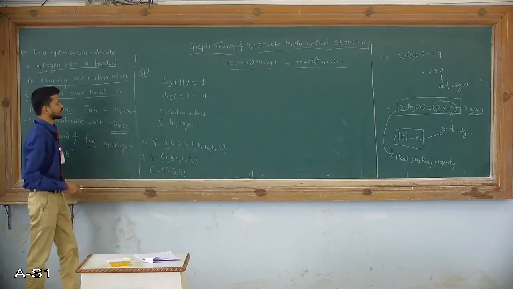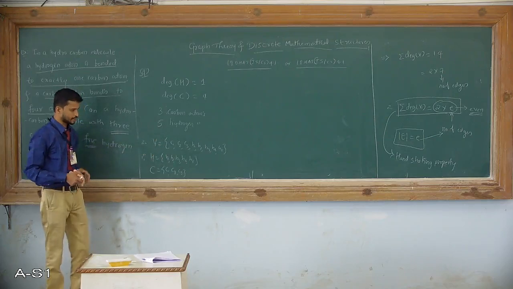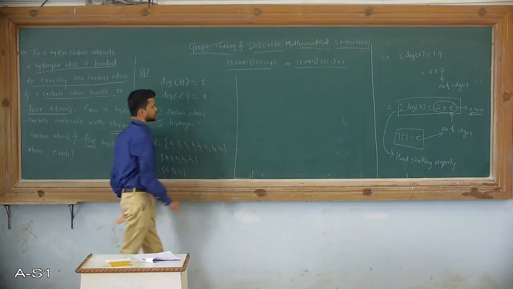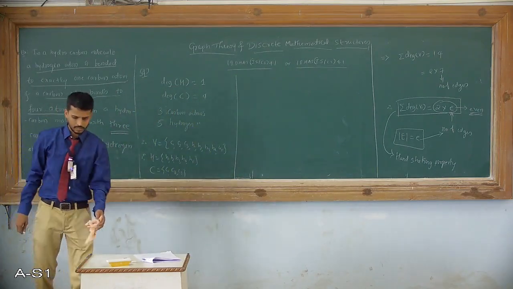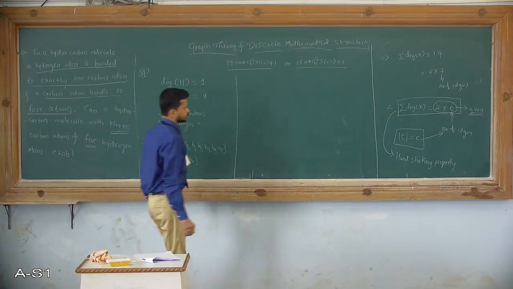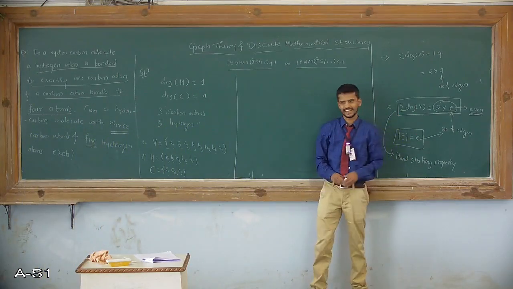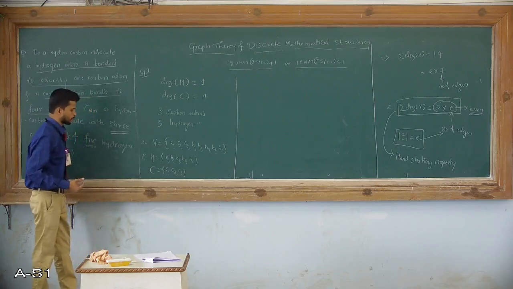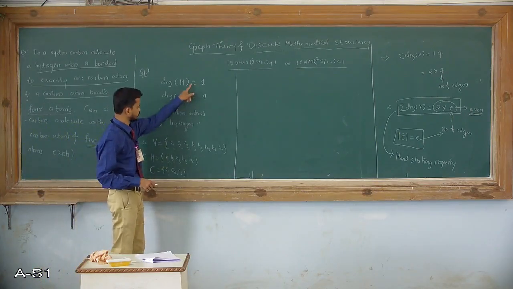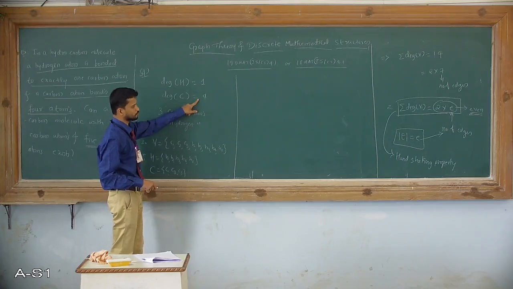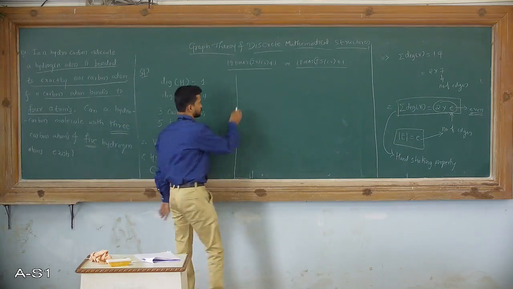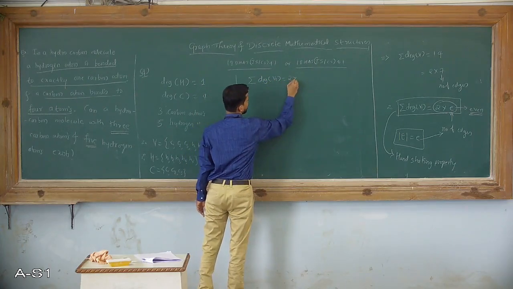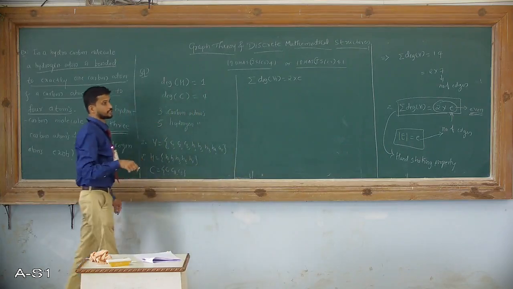The degree of each hydrogen atom is 1, and the degree of each carbon atom is 4. So if you see the handshaking property, the sum of the degrees of each vertex, here the vertex set has 2 sets of vertices, one hydrogen and the other carbon. Using the handshaking property, the sum of the degrees of all vertices is equal to 2 times E, where E is the number of edges.